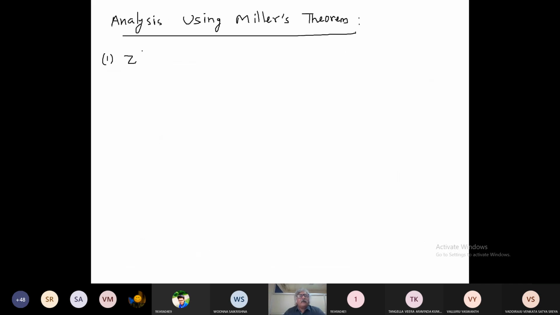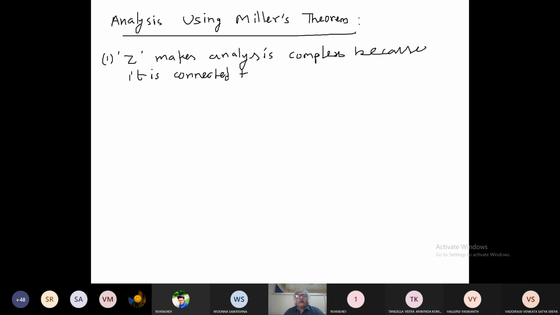So Z makes analysis complex, because it is connected to input and output ports both.